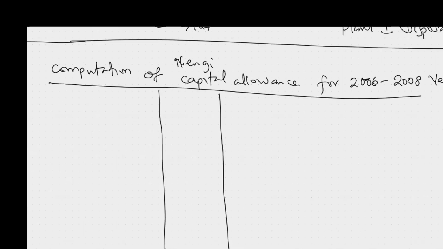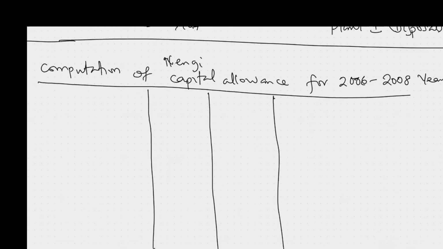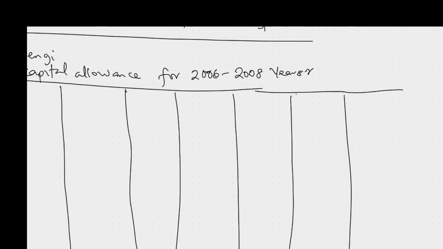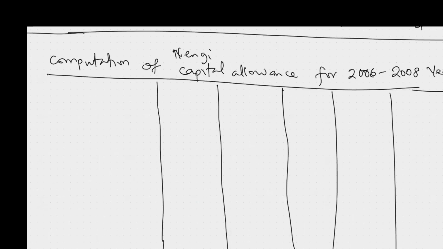1, 2, 3, 4, 5, 6, 7. Capital allowance. What's the name of the first asset? Sorry, motor vehicle 1.